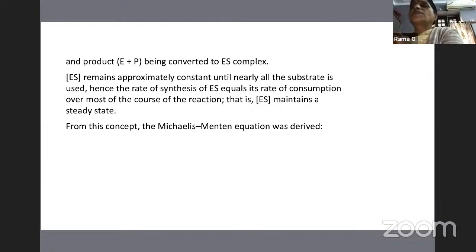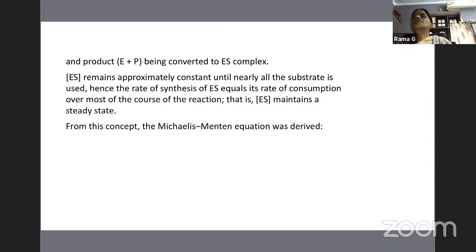From this concept, they derive the equation. That means ES is constant. That state is the transition state. At this point, the ES complex remains constant until the substrate molecules are totally transformed into ES complex.